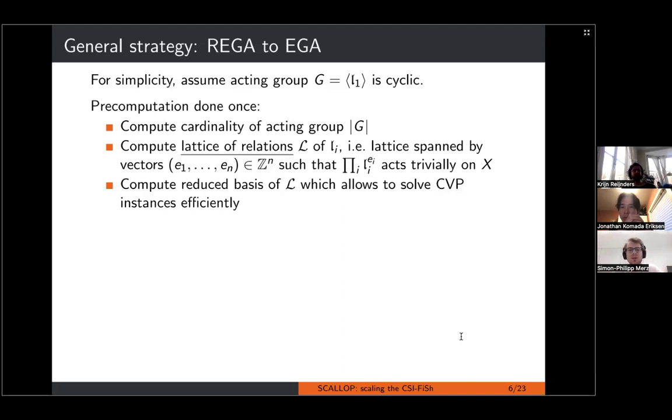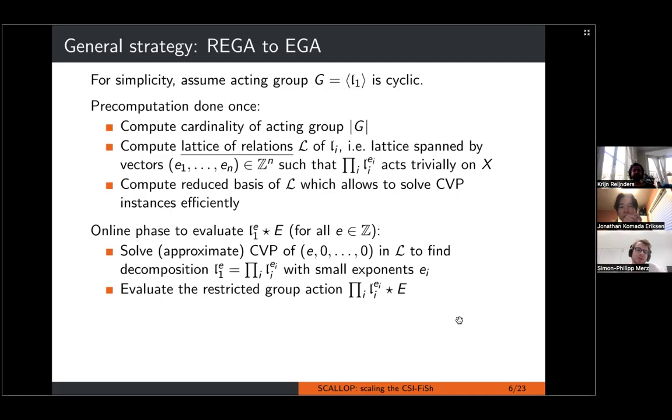And then you can compute the reduced basis of this lattice of relations. That may allow you to solve the closest vector problem, CVP, efficiently. Now, if you can do such a group pre-computation, it just has to be done once, it doesn't have to be particularly efficient, but it has to be doable.